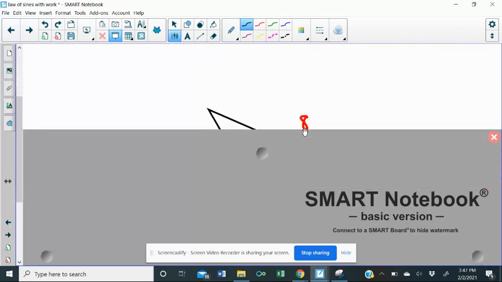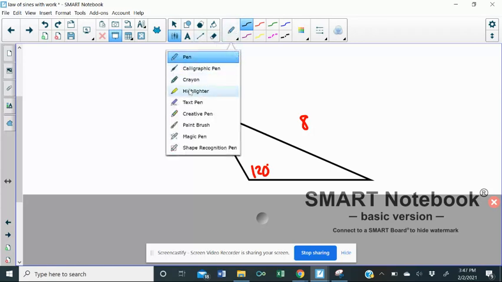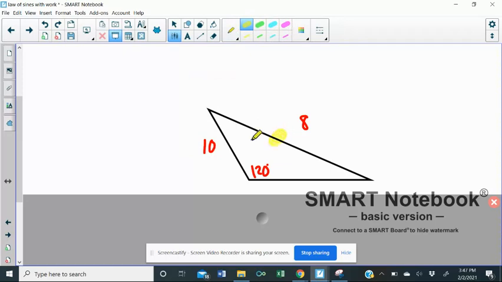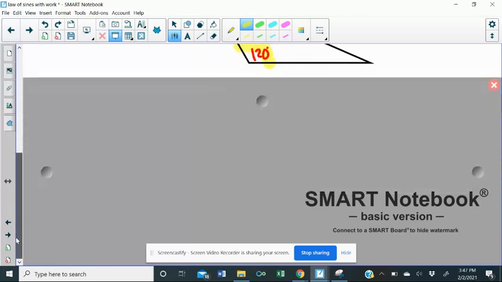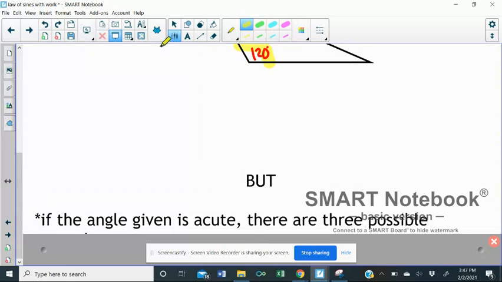Here's an obtuse angle, the side opposite given to you. That's your side angle. And the problem is not with that.